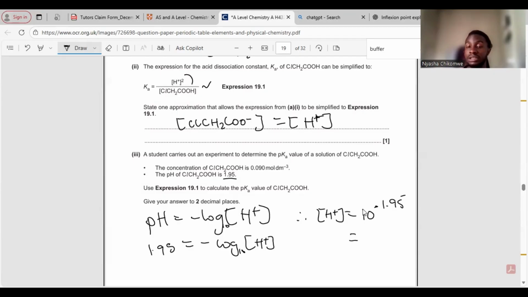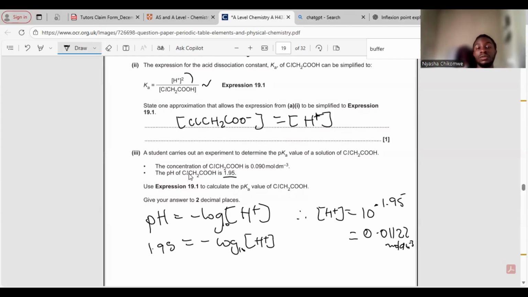So now the concentration of the H plus ion would be 0.01122 moles per dm cubed. So, okay, now we have the concentration of the H plus.